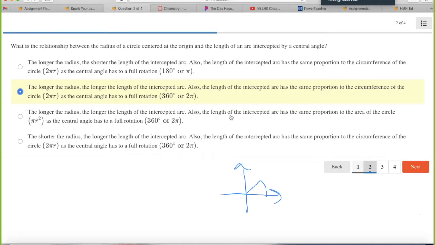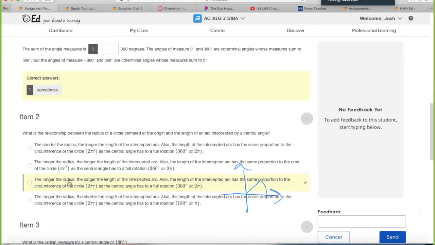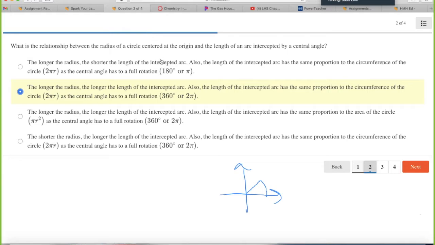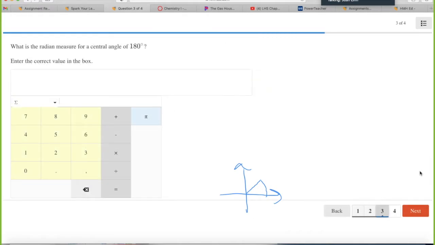Actually, I think they do match. Also, there is a proportion of 2 pi r. Yeah, so that is the one I picked. Again, reading is a really great thing.